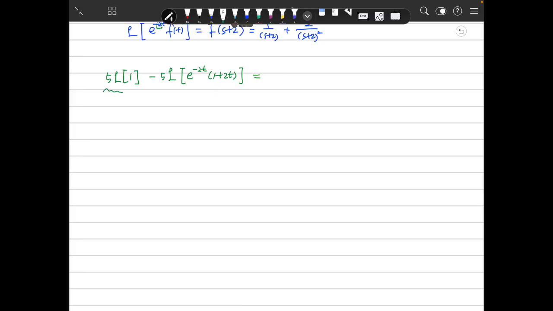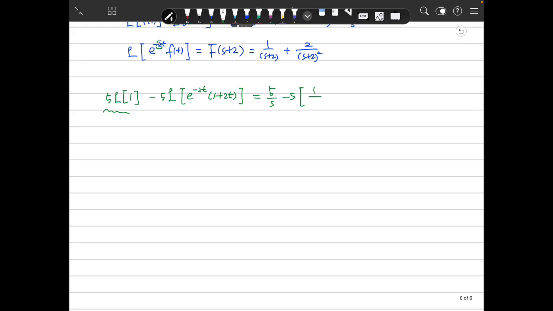So that will be, first thing is 5 over s, and second thing is minus 5 over s plus 2, and plus 2 over s plus 2 square.